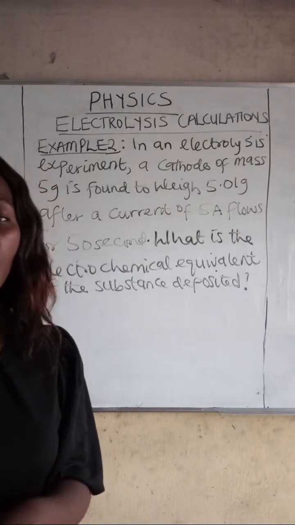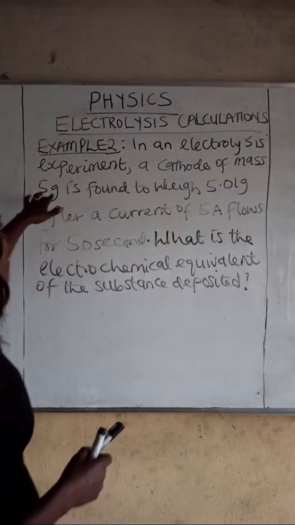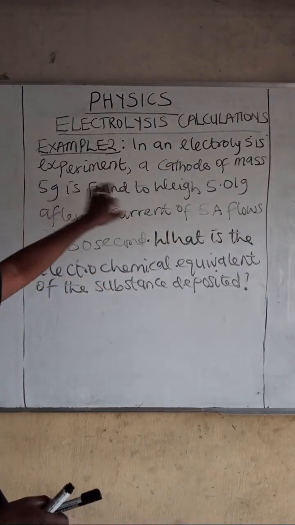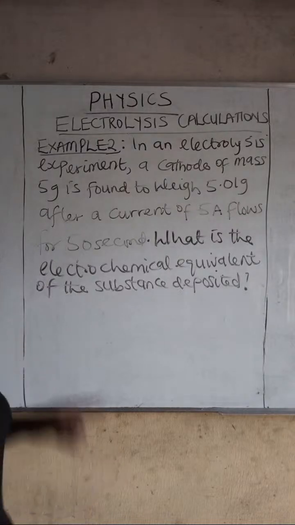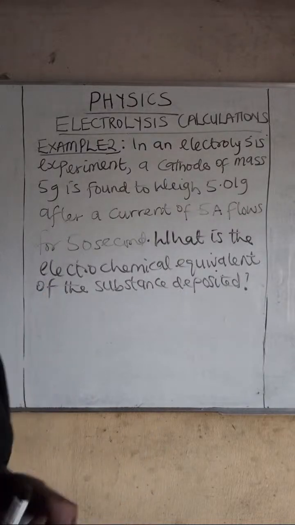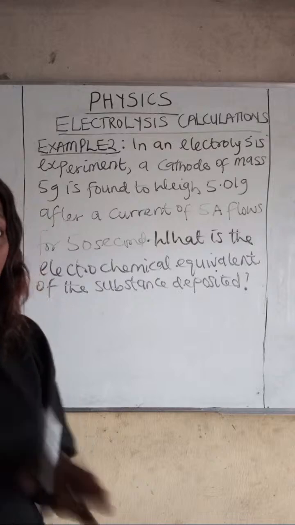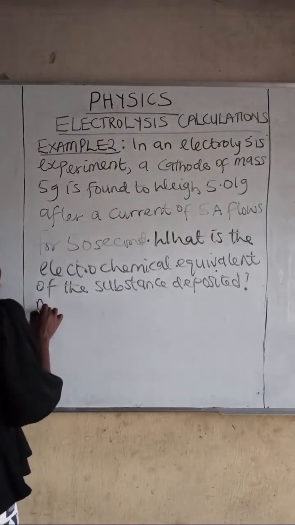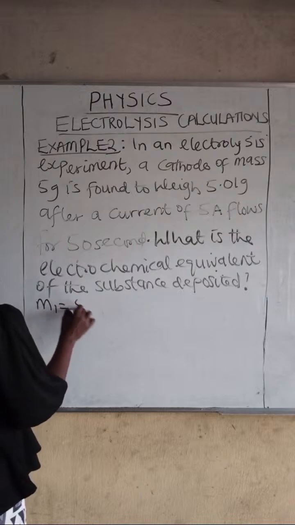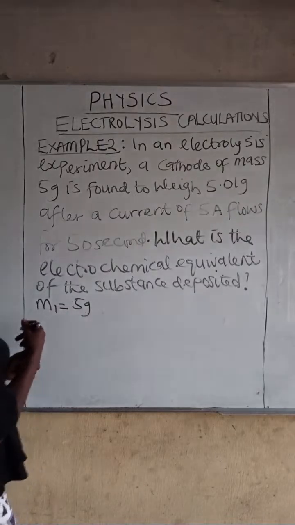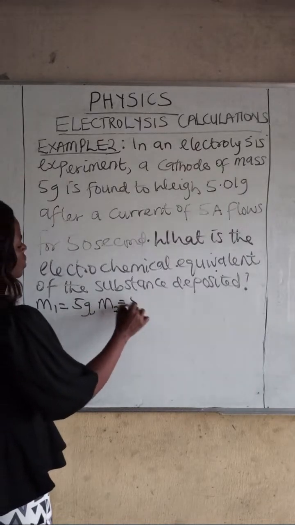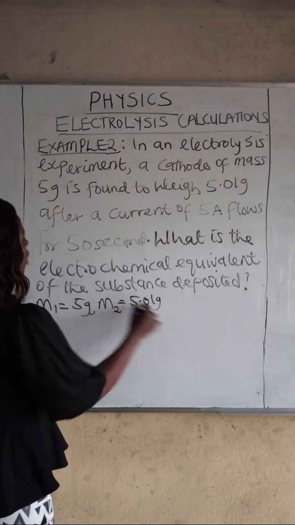For us to solve this problem, we have different masses. We have the first mass and we have the second mass. So what we're going to do is subtract the two masses. Now let's go. M1 equals 5 grams and M2 equals 5.01 grams.